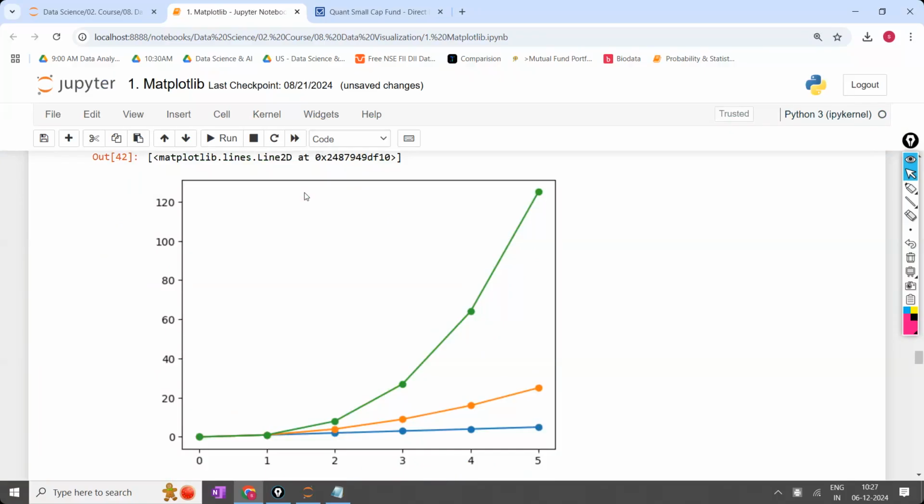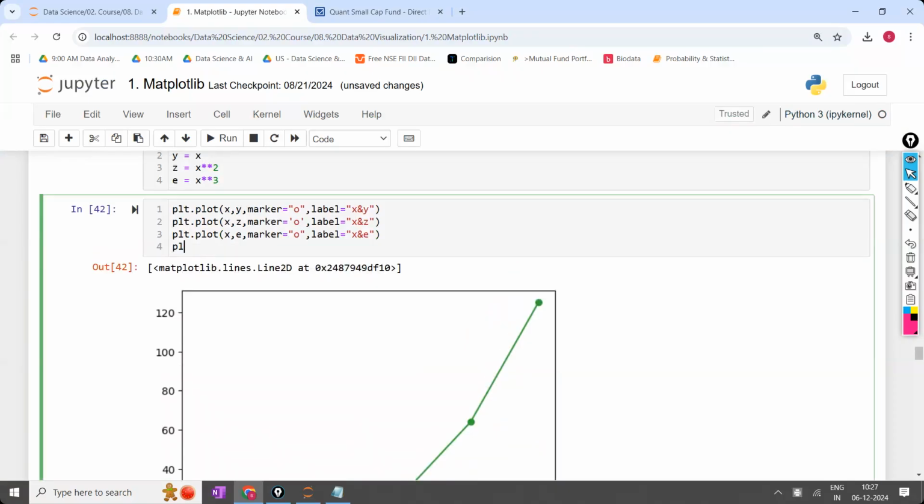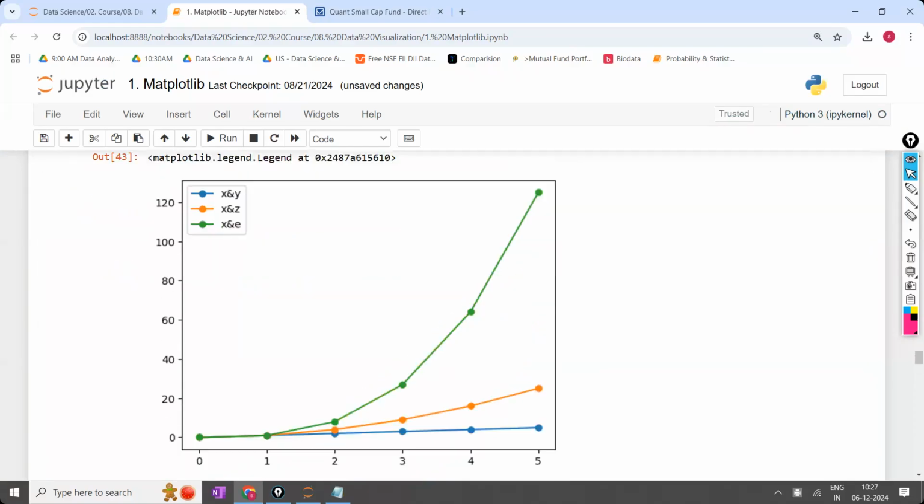Sir, you have given the names, but where are they? After writing the names, they have to be visible. For that we have to use plt.legend. The function name is legend, it is normal legend only.